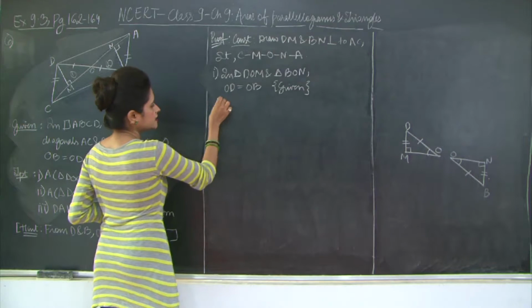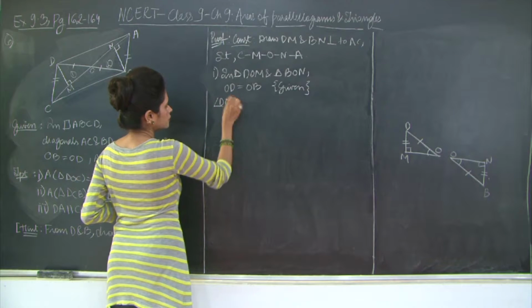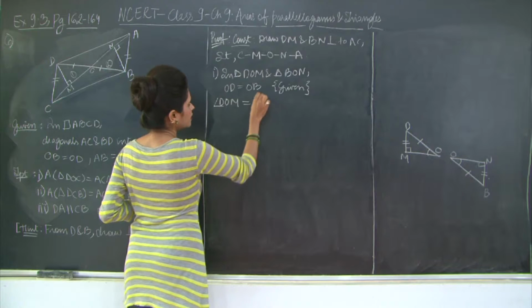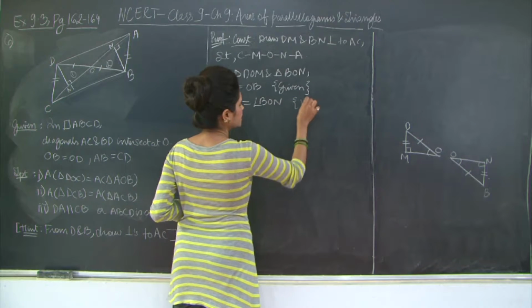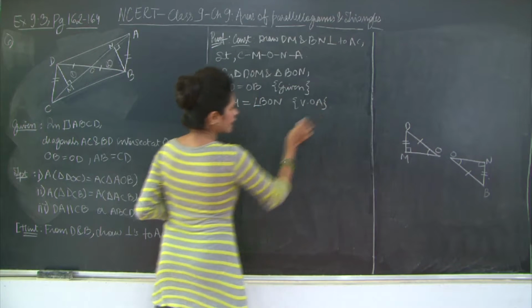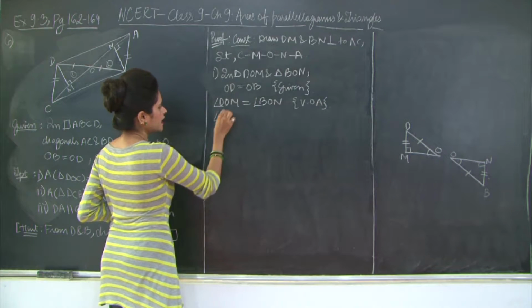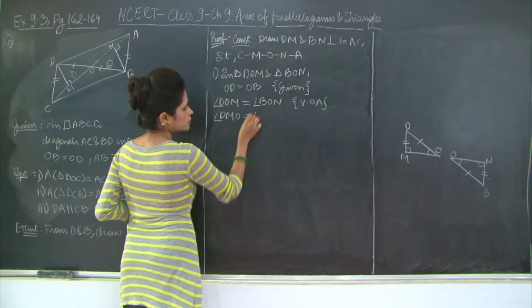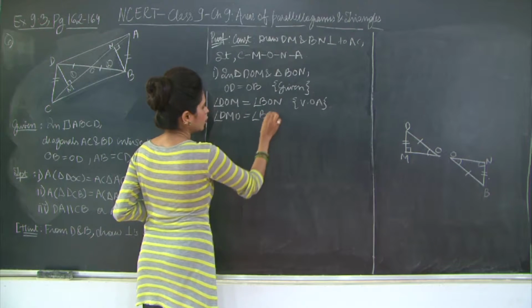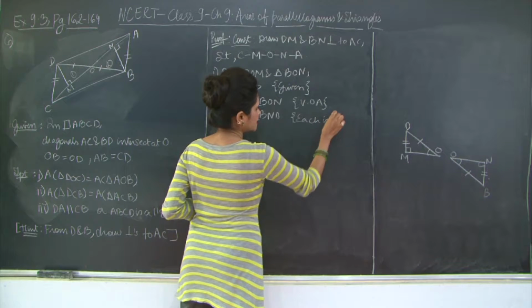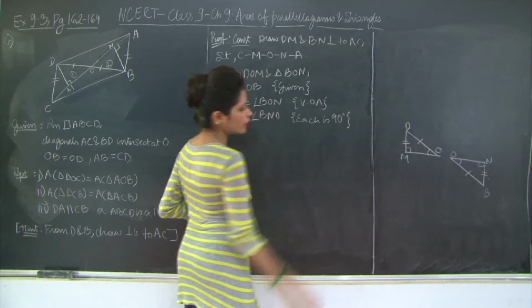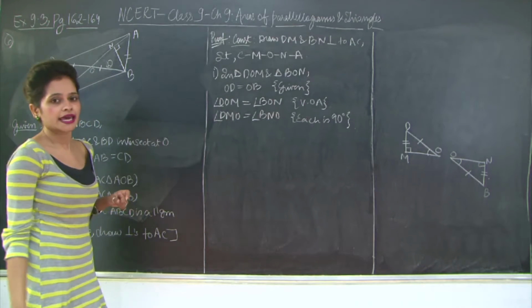Then angle DOM is equal to angle BON. Why? Because they are a pair of vertically opposite angles. And finally, I have angle DMO is equal to angle BNO. Why? Each is 90 degrees. Why 90 degrees? Because we have drawn DM and BN perpendicular to AC.